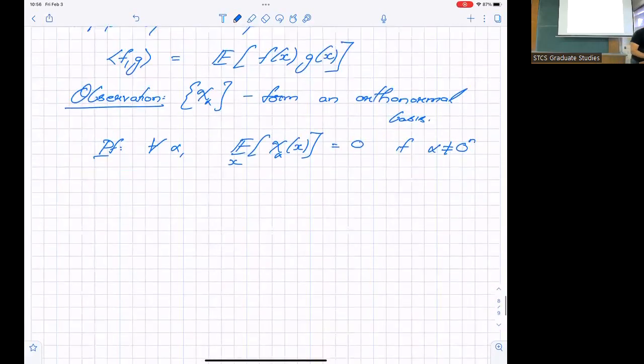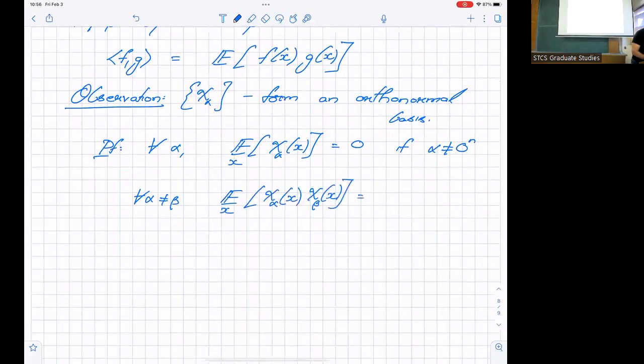Which will also mean that for all alpha not equal to beta, the expected value over x of chi alpha of x times chi beta of x, notice this is almost by definition the expected value of chi alpha plus beta of x. Therefore, this is also 0.